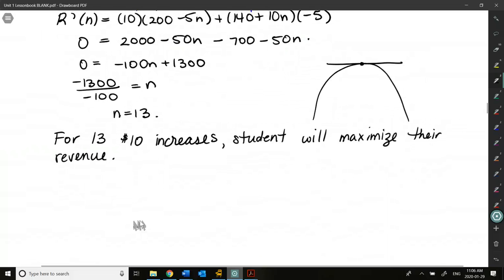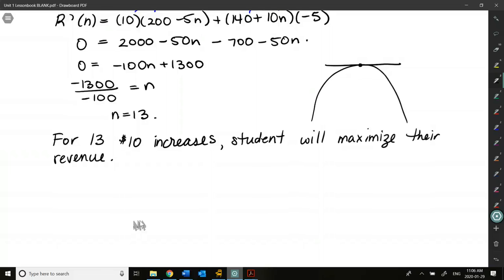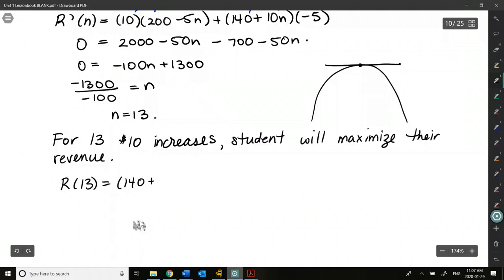Okay, and we can actually figure out what that maximum revenue even is. We can sub 13 into the original function and just calculate to find the maximum revenue. So we could do 140 plus 10 times 13, and then 200 minus 5 times 13.